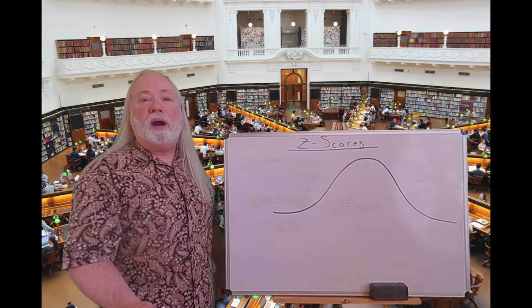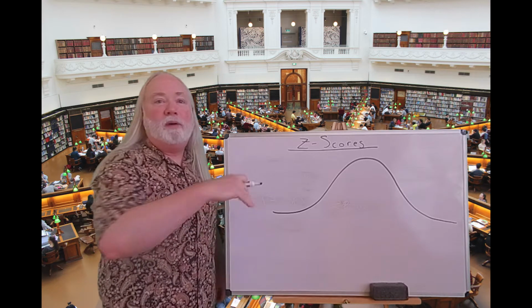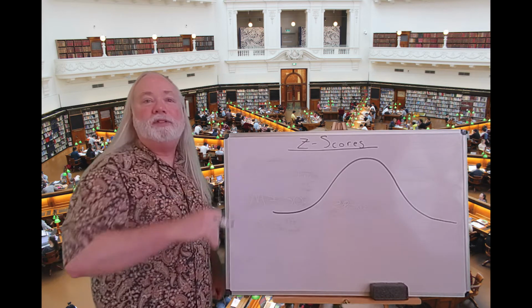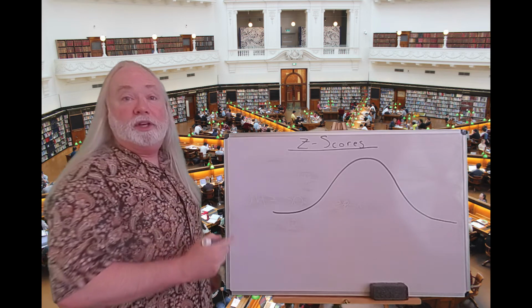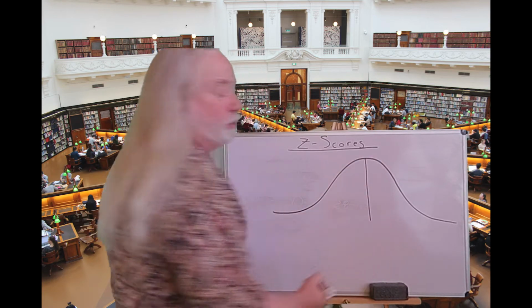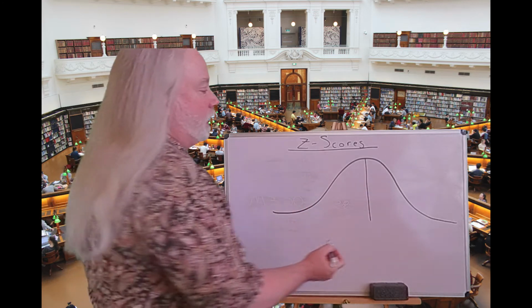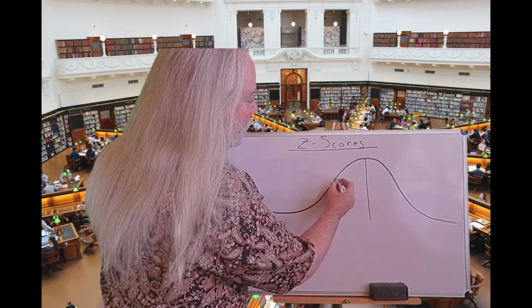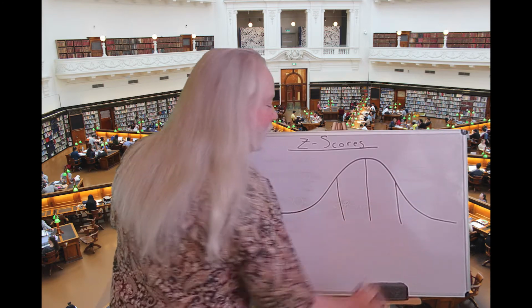We're going to cut it into parts in very predictable places, like the lines on a football field, at very regular intervals. So we're going to put some standard markings on the field here, if you will. We can put one down here in the middle. Of course, that's where the mean would be, and the median and mode probably, if this is perfectly normal. Then we come off to the left a little bit and put a standard deviation line there, and off to the right, a standard deviation line there.